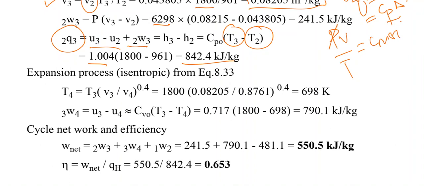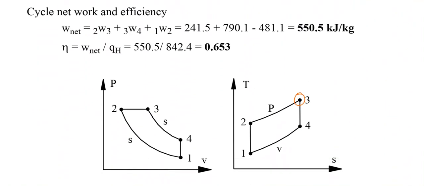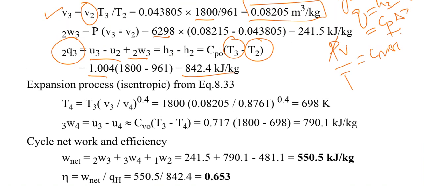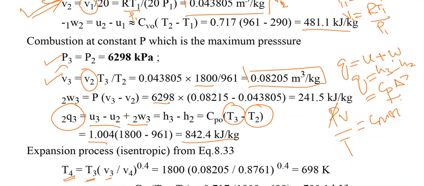For the temperature T4, the process from 3 to 4 is adiabatic expansion, and T4 would be equal to T3 times V3 by V4 to the power gamma minus 1. So we have already got the volume V3, which is over here.